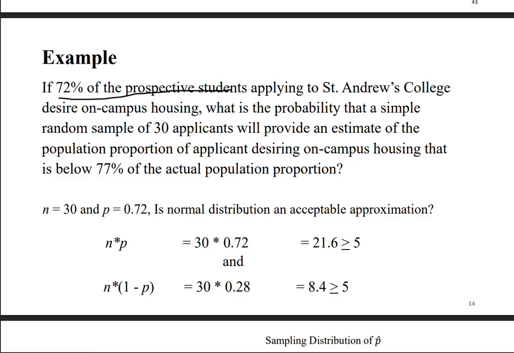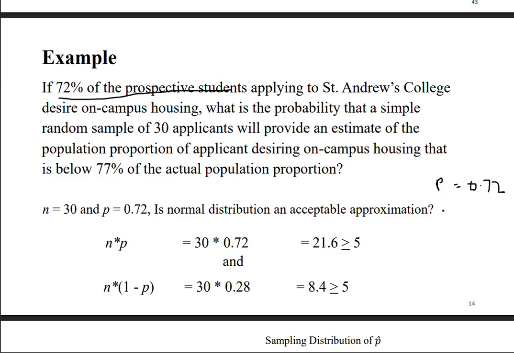So here we know three things. We know the proportion of the entire population applying to the college who will desire on-campus housing, 0.72.